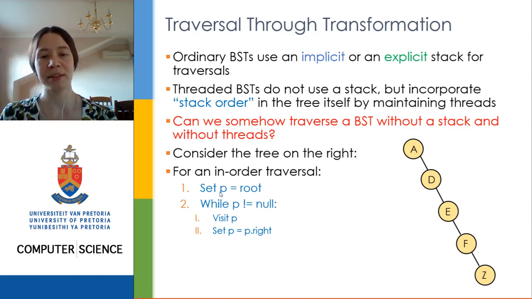In fact, this traversal of a tree is the same as a traversal of a linked list, because a tree that only has right children is essentially a linked list, right? So in a very special case, if your tree is just a very, very long right branch, you can in fact traverse it with a very simple while loop with no extra bells or whistles.